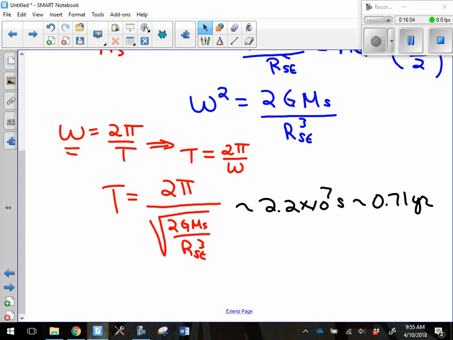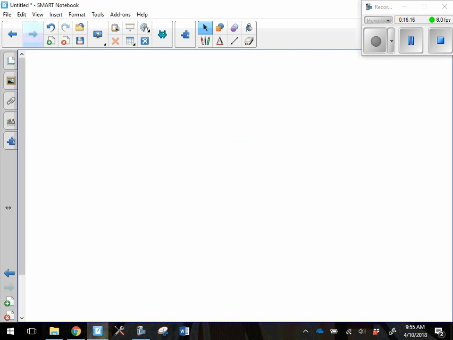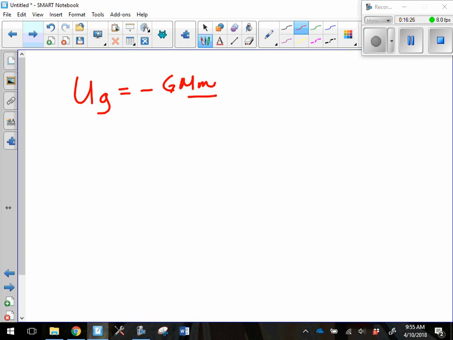Okay. All right. So the last thing that we need to talk about is the energy associated with these orbits. So as we remember, U_G is negative G little m big M over R, where R is that separation between them.